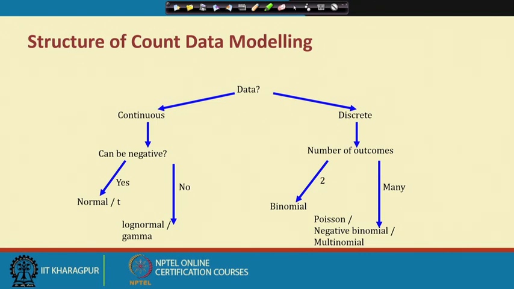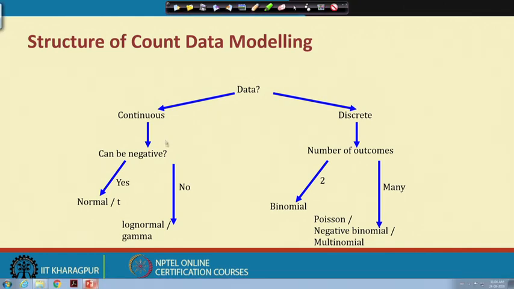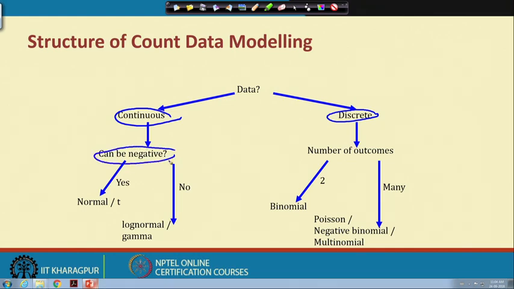So, the type of data is like this: we have continuous structure and we have discrete structure. Technically, the data division will be continuous type and then discrete type. The continuous structure can be negative, and if it is really negative, then we follow the normal distribution, and if not, then log normal and gamma distribution.